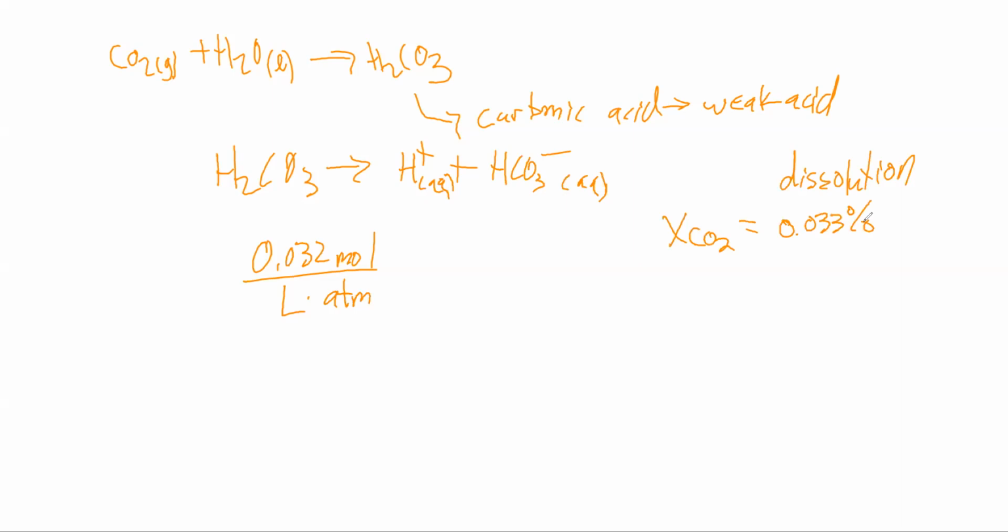So that means that our mole fraction is really 0.00033 moles of CO2 inside of our entire fraction. So the pressure of CO2 that we see is that mole fraction times our total pressure. And what is our total pressure that we're exposing our sample to?